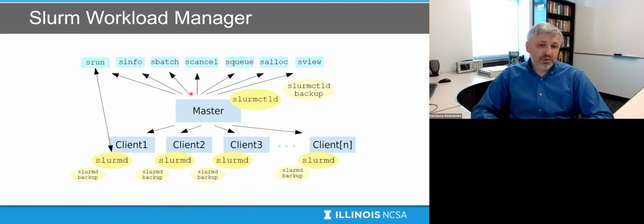Typically, our users have two modes of operation. Either you can request access to a computational node for interactive use, and I will show an example of how this can be done.